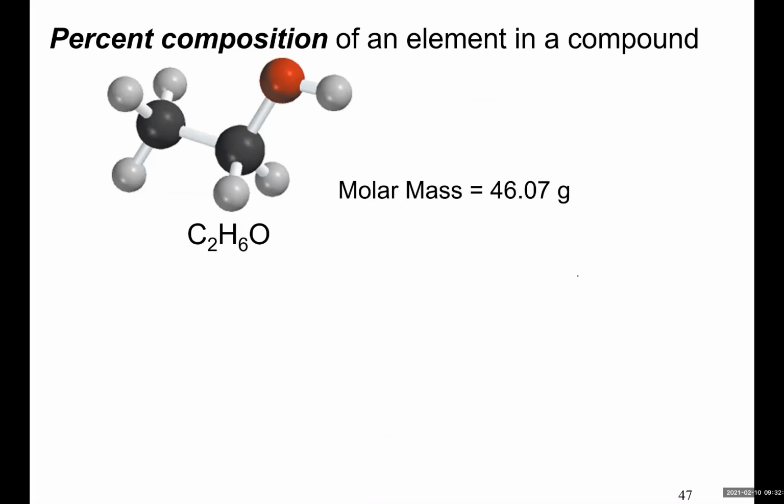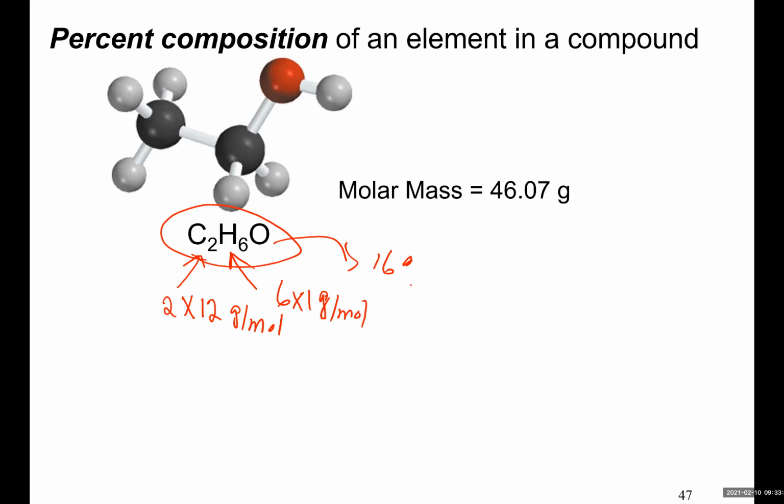So this molecule, which looks like a dog, is ethanol, the alcohol which is in your beer, in your wine, in your drink. For the mass of 1 mole of this compound, all I have to do is add the total number of atoms together: 2 times 12 grams per mole, and 6 times 1 gram per mole, and 16 grams per mole.